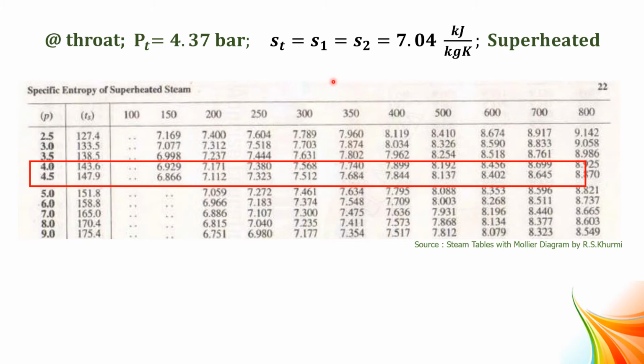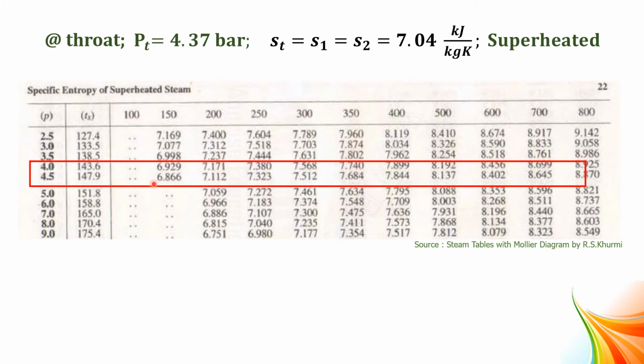Here the value of St is 7.04. Within this 4 bar and 4.5 bar, where does the 7.04 lie? See here, in 4 bar at 150 degrees it is 6.929 and here it is 7.171.